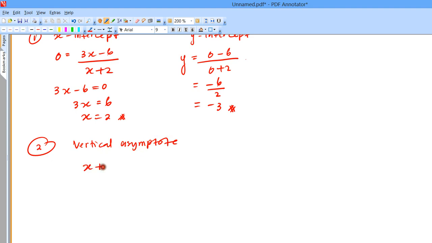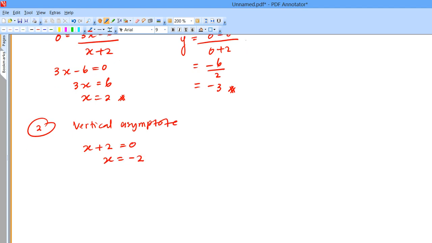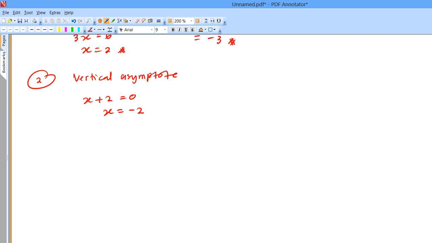So x plus 2 equal to 0, so x equal to negative 2. And then its analysis, we are based on limit. So we have limit x approaches negative 2, and we need to check from right and from left.